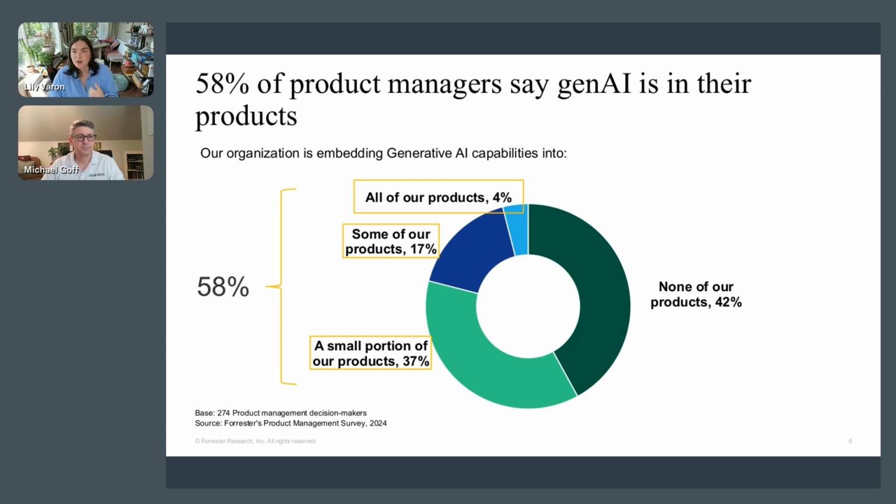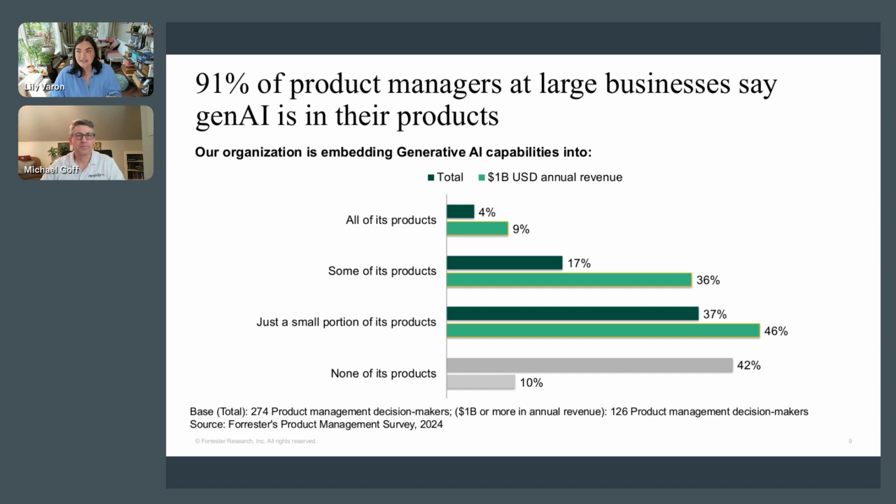So when we asked product marketers, are you incorporating generative AI in your products? 58%, nearly 60% of product management decision makers say that their organization is embedding AI functionality into their offerings. What's fascinating, though, is if we take that same data and slice it by size, so this is now the data that we saw before on the dark green bars.